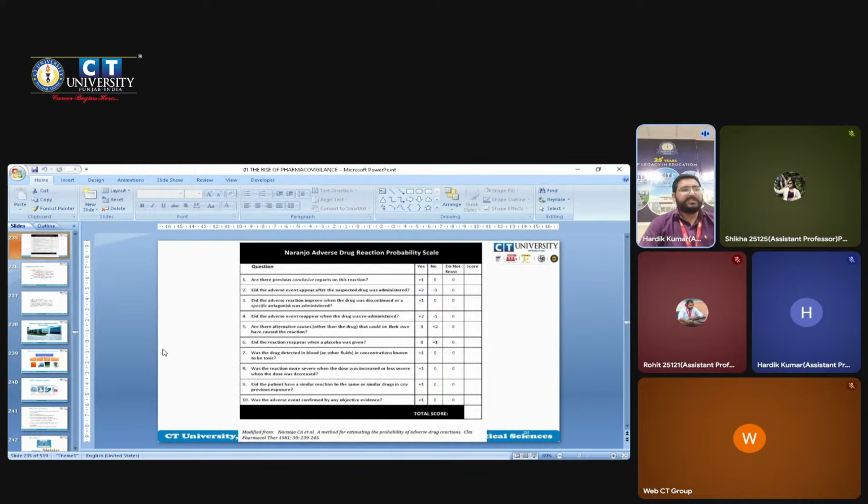There are 10 questions like: Are there previous conclusive reports on the reaction? Did the adverse event appear after the suspected drug was administered? Did the adverse reaction improve when the drug was discontinued or a specific antagonist was given? Did the adverse event reappear when the drug was readministered?